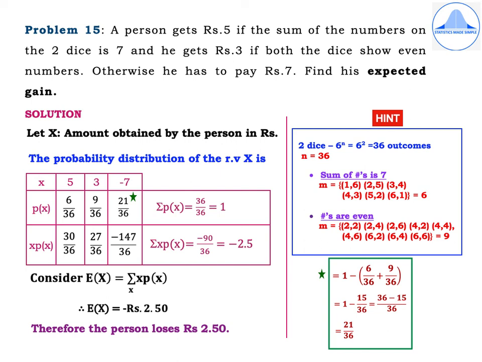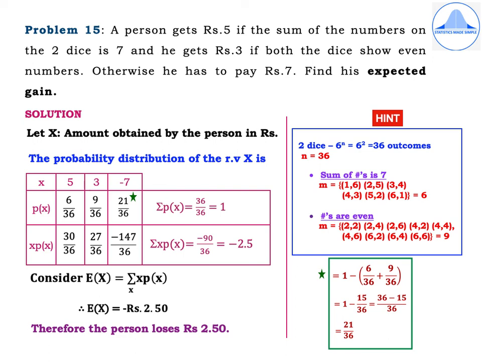This is obtained as shown in the green box, that is equal to 1 minus the sum of the known probabilities, which is 6 by 36 plus 9 by 36, which is equal to 1 minus 15 by 36. Then take the LCM, which is 36, so 36 minus 15 by 36 gives 21 by 36. So summation P of X is equal to 36 divided by 36, which is equal to 1.